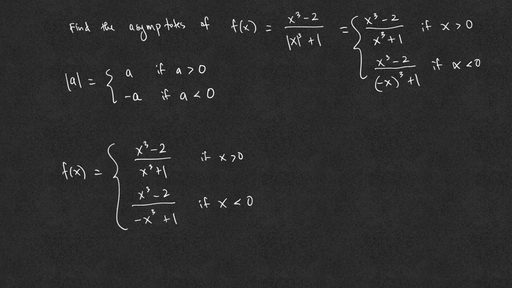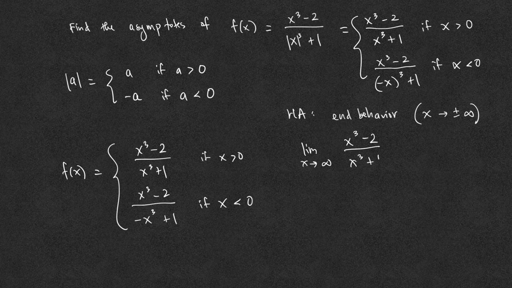To find the horizontal asymptotes, we only need to check the end behavior of the graph. This means we take the limit as x goes to either positive or negative infinity or both. At x greater than 0, we take the limit as x goes to positive infinity of the function, which is now x cubed minus 2 over x cubed plus 1.